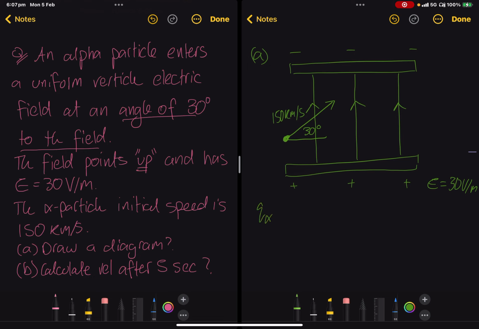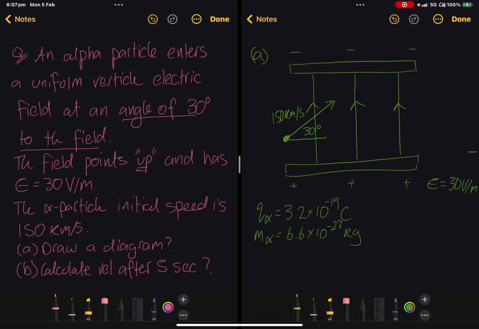The charge of an alpha particle is about 3.2 times 10 to the minus 19 coulombs. And the mass of an alpha particle is about 6.6 times 10 to the minus 27 kilograms.